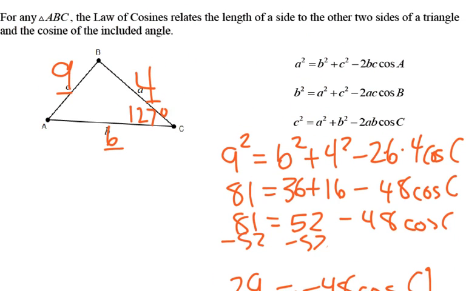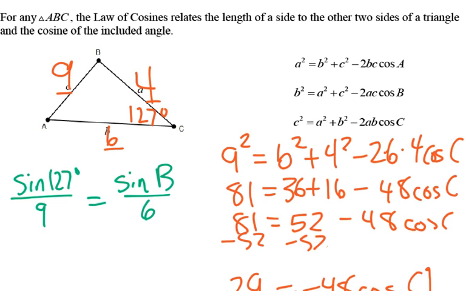Okay, now we still need angle B and A. So now I'm going to use the law of sines to figure this out. So I'll go the sine of 127 over 9 equals, let's do B, sine of B over 6. So times both sides by 6. So I go 6 times the sine of 127 degrees.